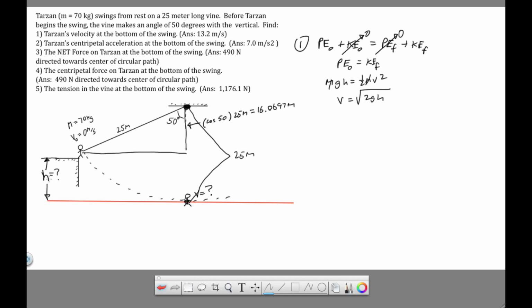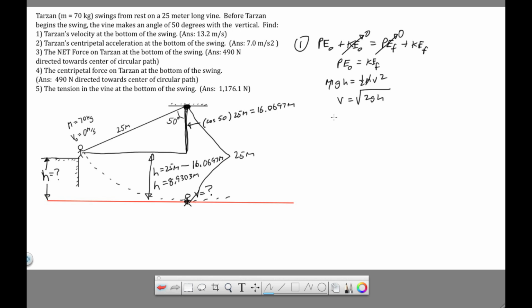So h, which is what we're looking for, is equal to 25 meters, the full distance, minus this part here, 16.0697, which gives us an h equal to 8.9303.